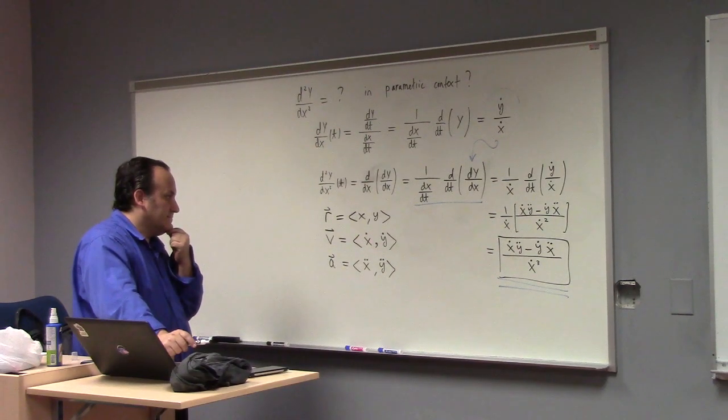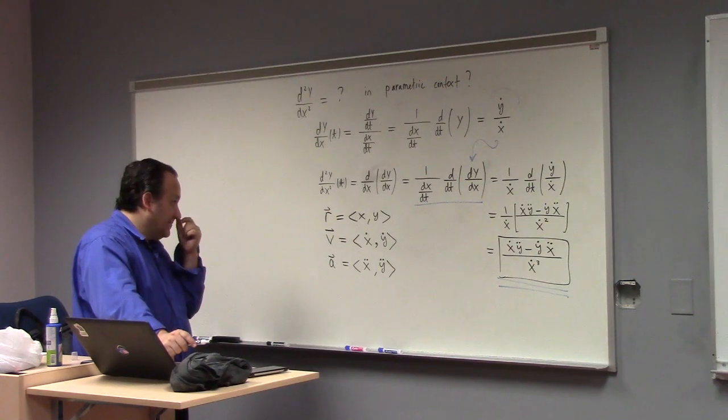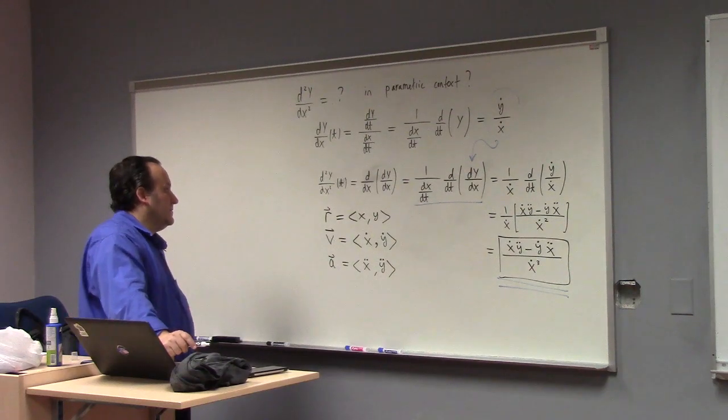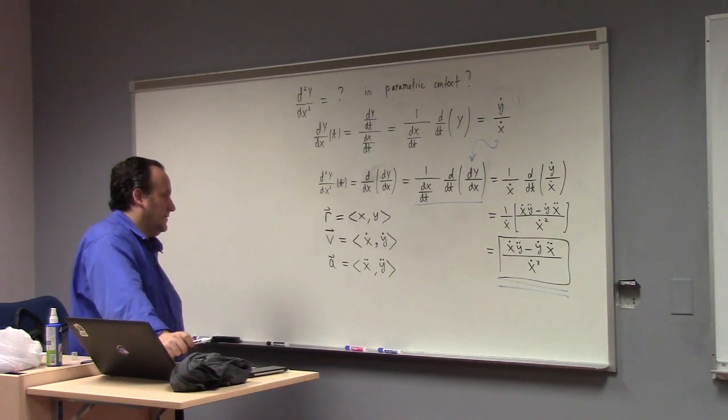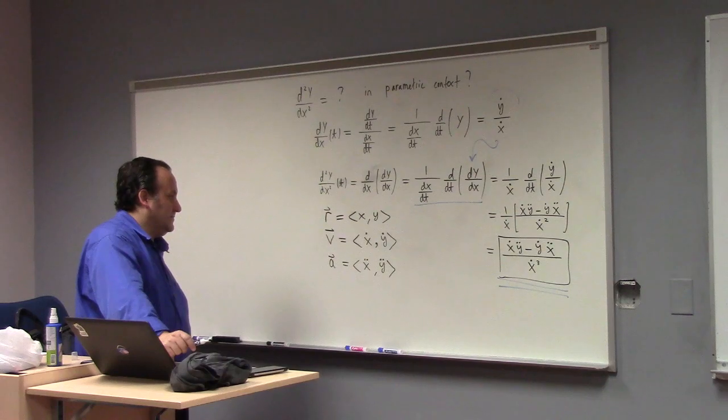Is it not the rise over run of the y and the x, the second derivatives? Can we not do the same thing we did for position to velocity? I don't think so.